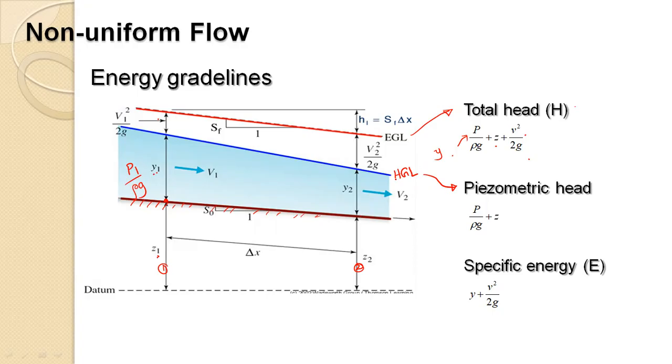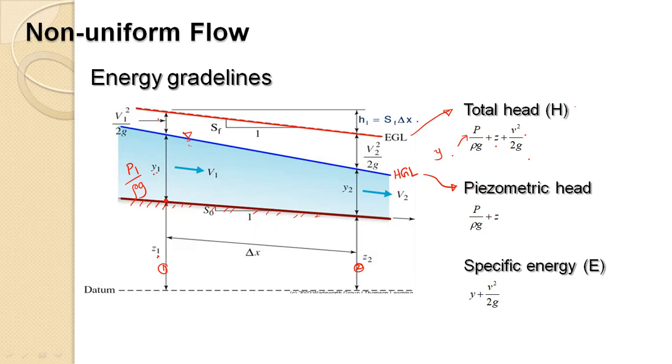They coincide. In open channel flow, the hydraulic grade line coincides with the free surface. The hydraulic grade line represents the piezometric head and it coincides with the free surface.